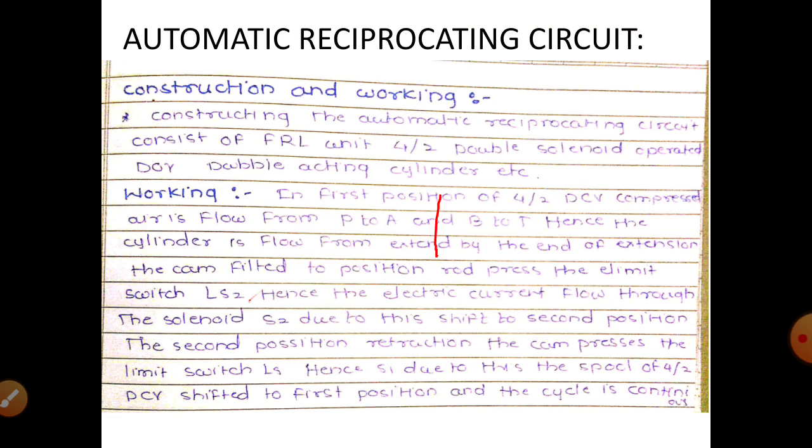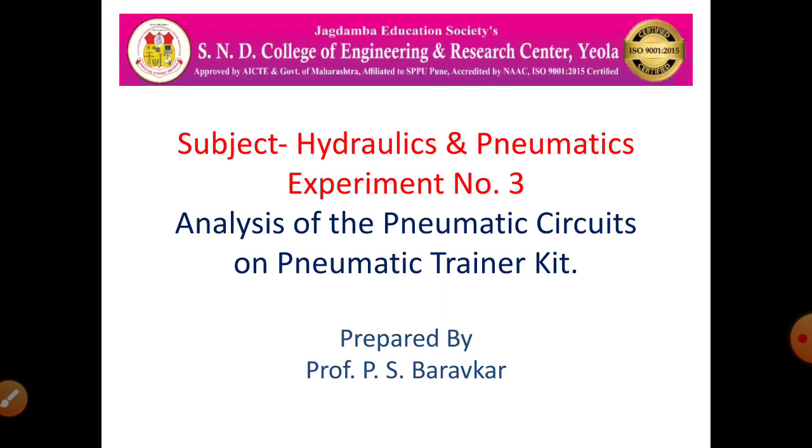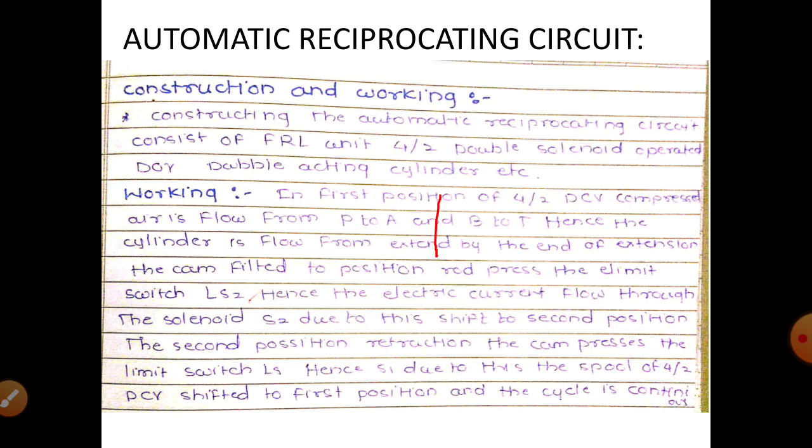In the first position of the 4x2 directional control valve, air flows from P to A and B to T. Hence the cylinder piston rod extends. At the end of extension, the cam presses the limit switch LS2.